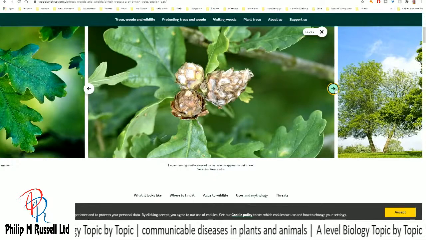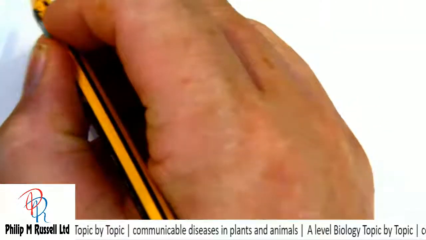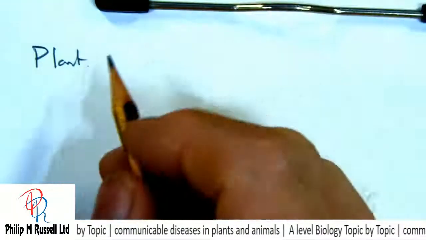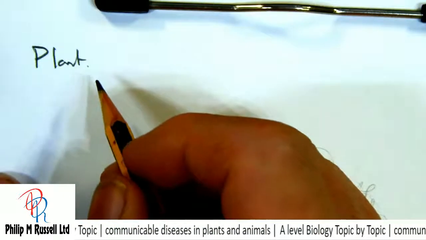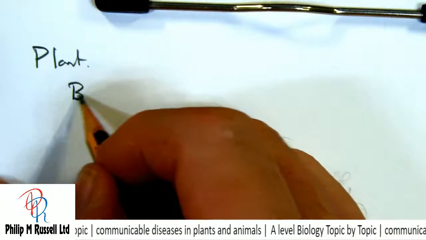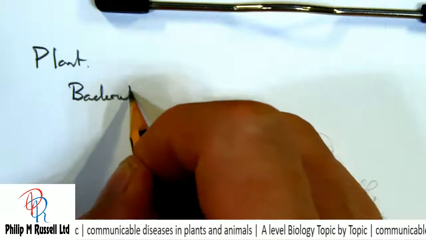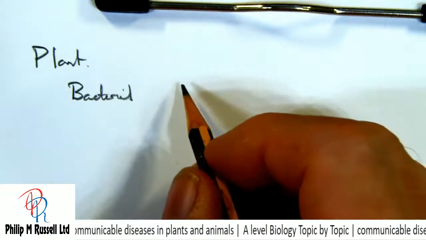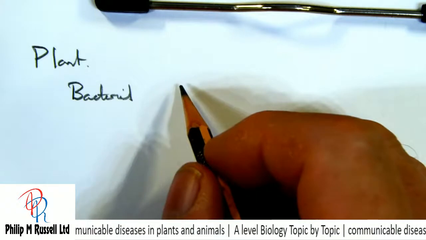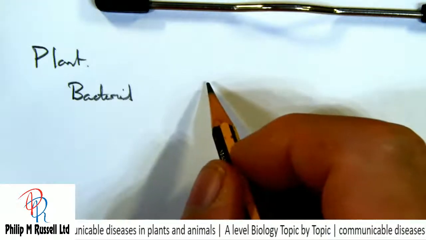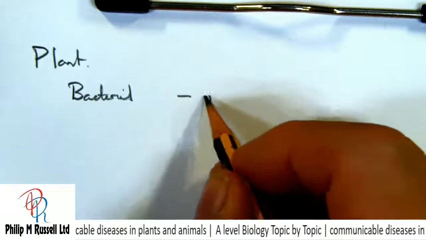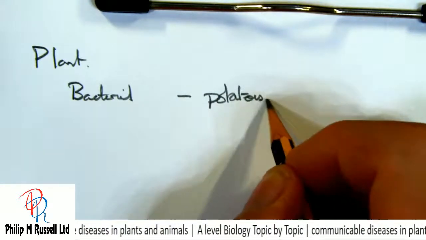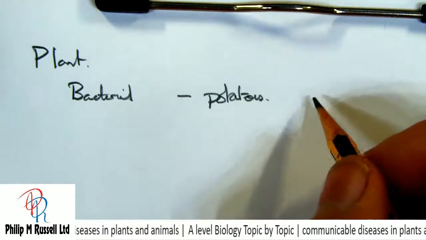So if we look at a plant, then basically we've got to try and identify what we've got. We might have some sort of bacterial infection, and we can see this with particular bacteria that might affect things like potatoes, tomatoes, aubergines.